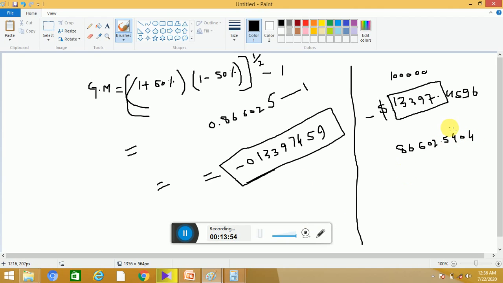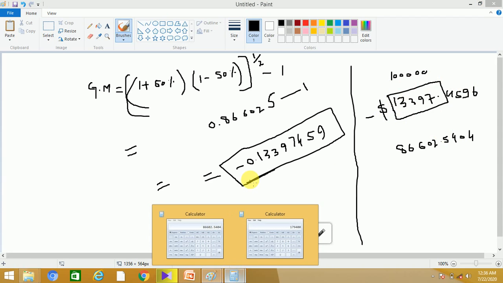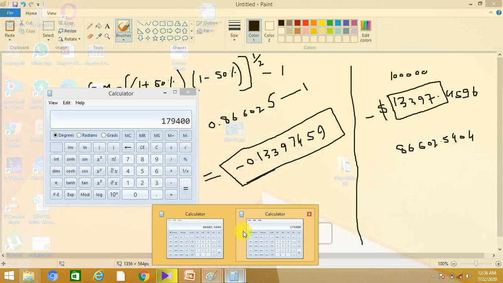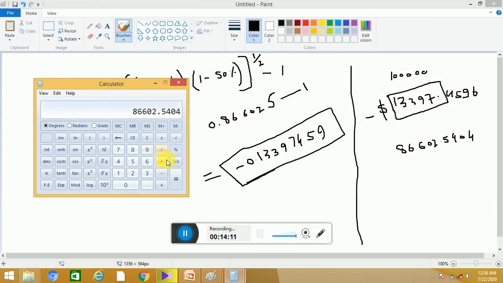Now on this 86,602.5404, again there is a loss of 0.13397459 on this amount.